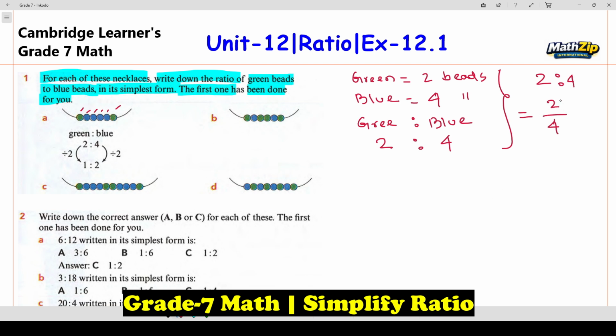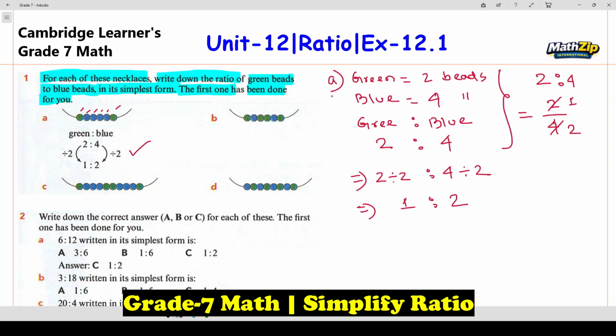If we divide this 2 by 2, we will get 1, and this 4, once we divide by 2, we will get 2. What does that mean? It means 2 divide 2 ratio 4 divide 2. It means we are dividing by the same number. So 2 divide 2 will be 1, and 4 divide 2 will be 2. So this is our answer.